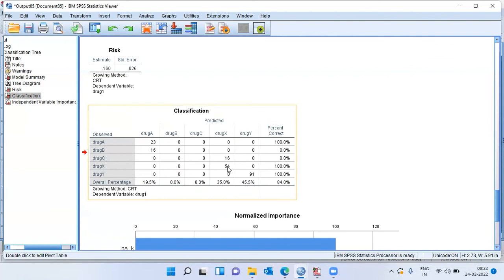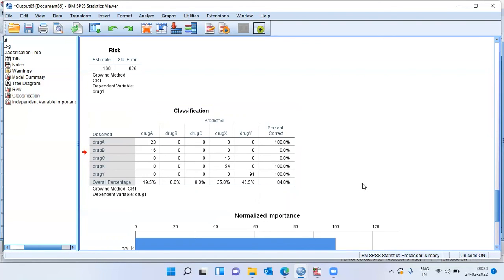I can say the same about drug C as well, because those patients who had earlier responded to drug C, all of them have been classified under drug X. So when it comes to drug B and drug C, the model is not trained appropriately. And the overall percentage of accuracy here is 84%.